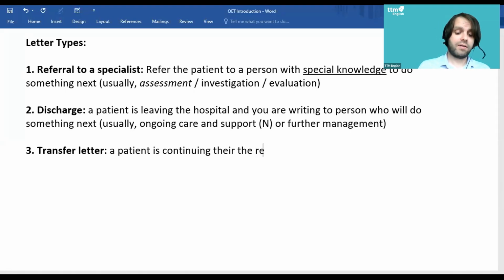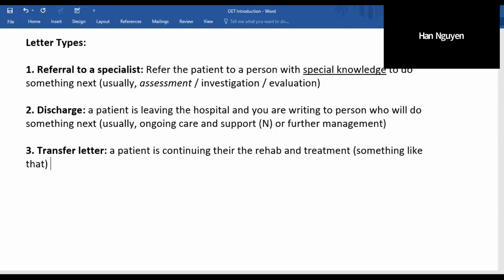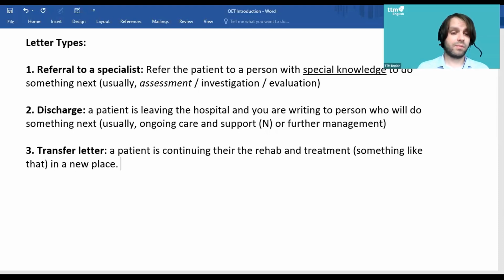Rehab and treatment, something like that. And then what happens? So they're moving from one facility to another facility, a new place. A patient is continuing their rehab and treatment in a new place.